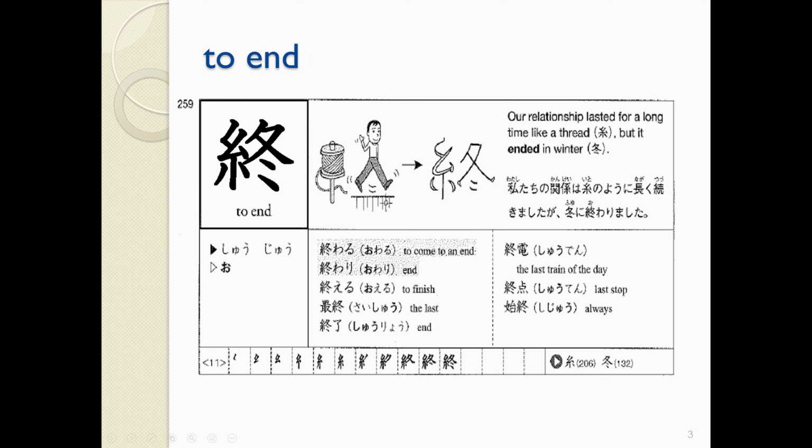So これは1、2、3、4、5、6、7、8、9、10、11。The O in owaru and the O in owari.